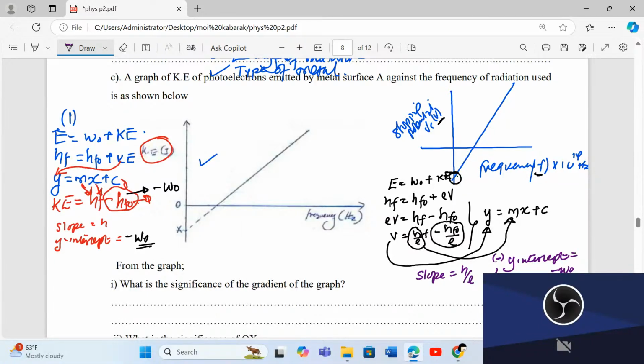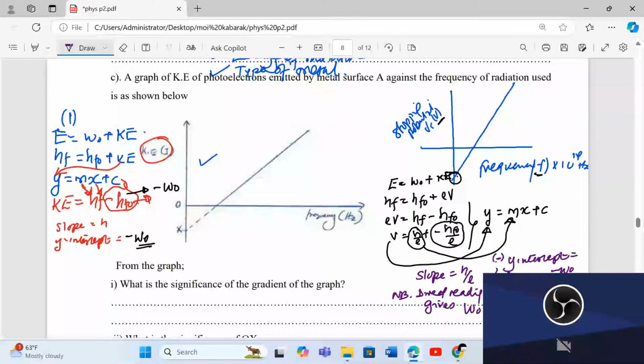But now, if you multiply by e, you get it in joules. So, NB: the y-intercept gives the work function in electron volts. That is something that you're supposed now to get.